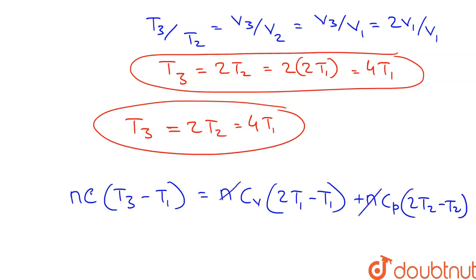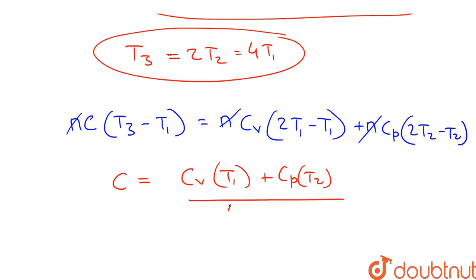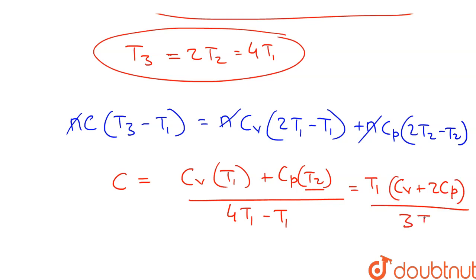So the number of moles can be divided from both sides, and we can write the molar heat capacity for the whole process C as Cv into T1 plus Cp into T2 divided by T3, which is equal to 4T1 minus T1. T2 can be written as 2T1, so we have, taking T1 common, Cv plus 2Cp divided by 3T1.